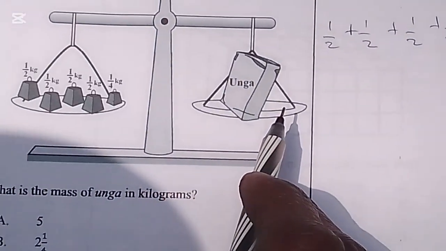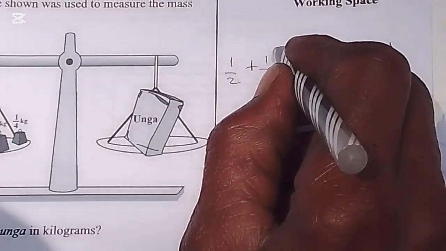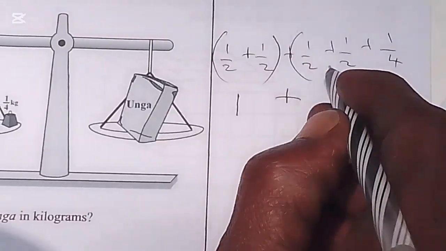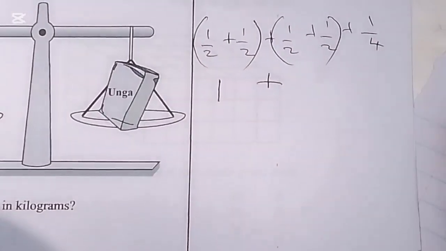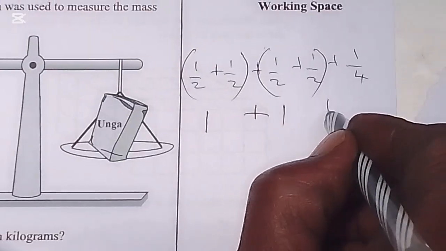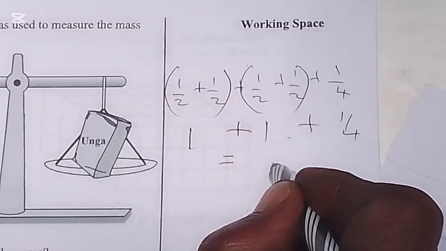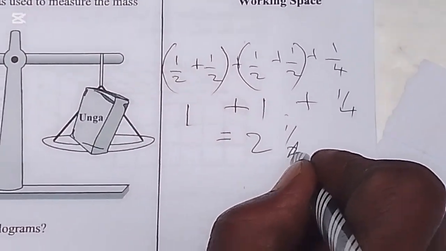That is half plus half is 1, then plus quarter. So we have 2 and a quarter.